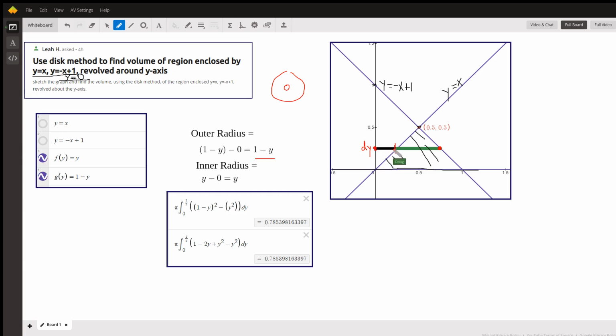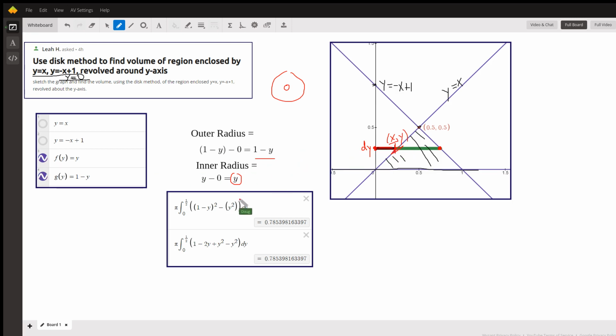The inner radius is this distance right here, which for each y between 0 and 1/2, an algebraic expression for that distance is the x-coordinate to the right, which is just y, because every point on this line has coordinates x comma y. So for every y, the x-coordinate is x. So that's the inner radius.